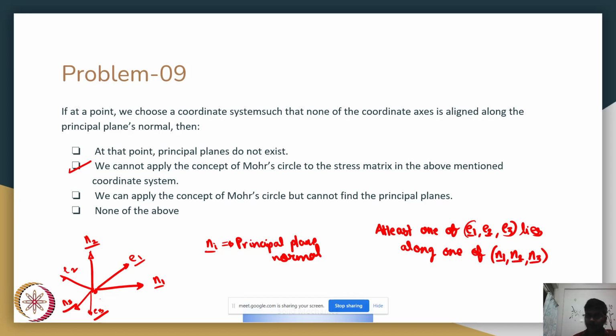So this condition must hold true. This condition needs to be true to apply Mohr circle. This comes directly from the way we derive the Mohr circle.